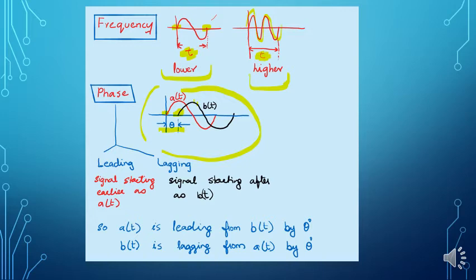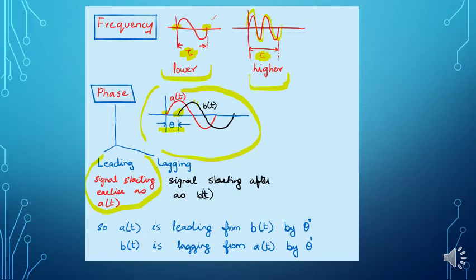By changing the starting position of our waveform, we observe a different value of phase in both waveforms. Now we have to know which waveform is at a higher phase value and which is at a lower one. So we divide these into leading and lagging.